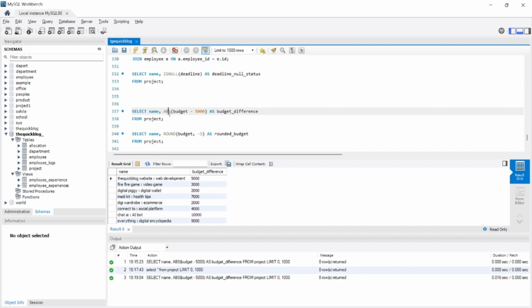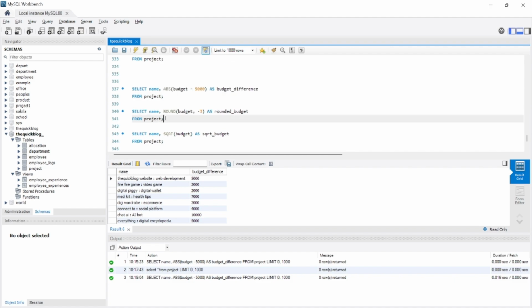Distance cannot be negative either. So for those terms whose values cannot be negative, we can use the ABS.